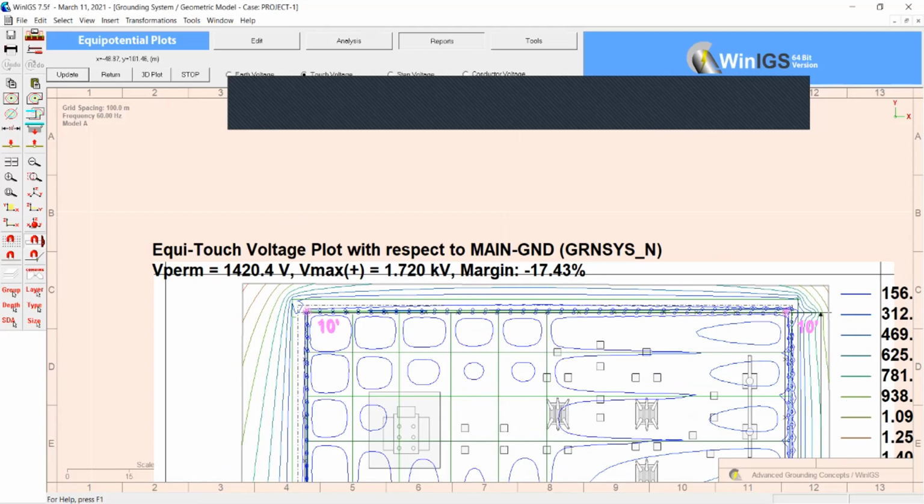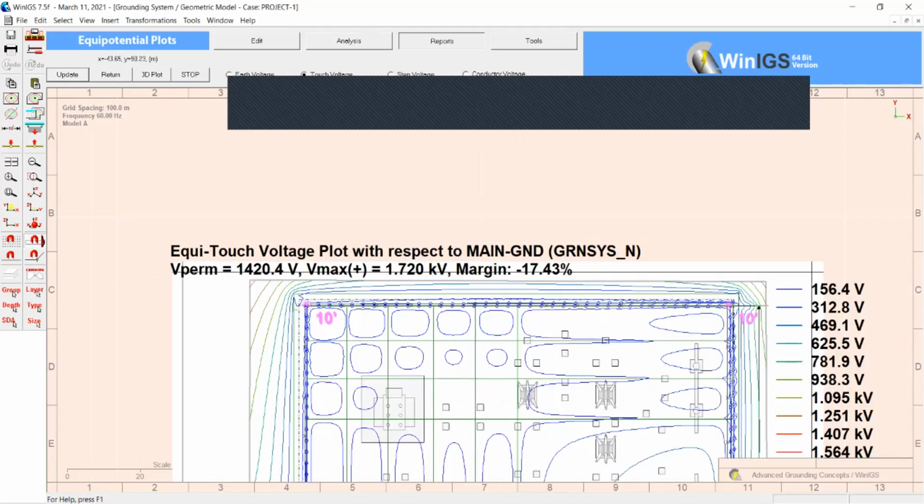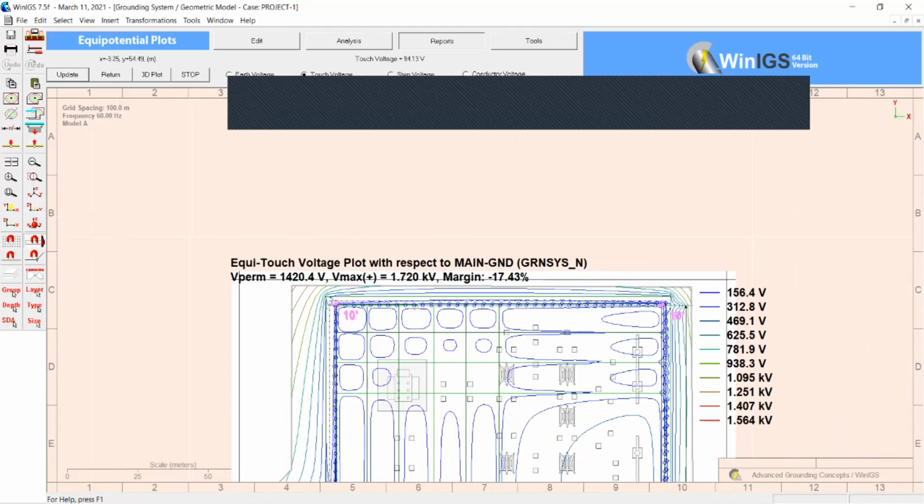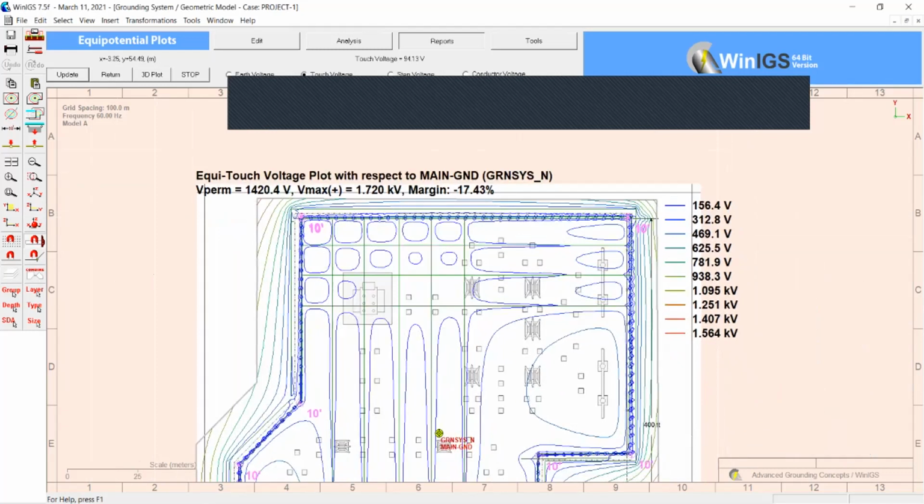Hey, Nurul. Yeah, go ahead. For yours, it says equitouch voltage plot with respect to main grid at the top right there. Mine just says equitouch voltage plot, it doesn't say with respect to main grid. Is that a problem?